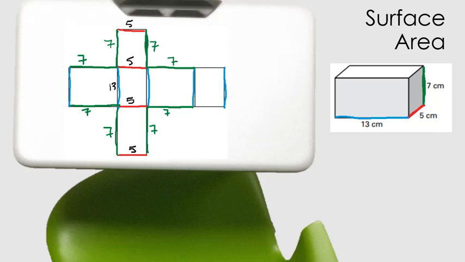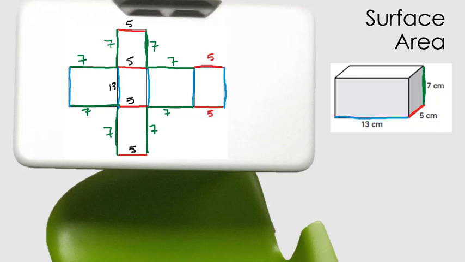All of the red ones are 5. And remember, opposite faces are congruent. So this face and this face, if we were to fold it back together, those red edges are going to match up, making this 5.